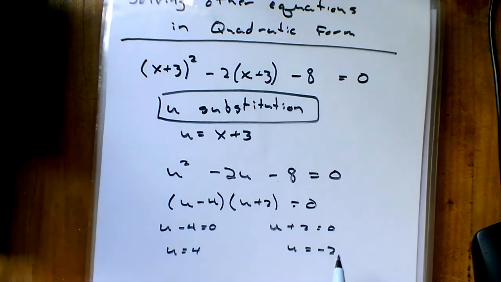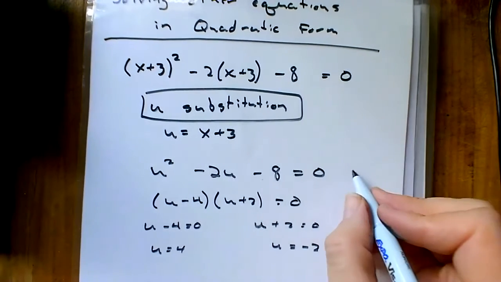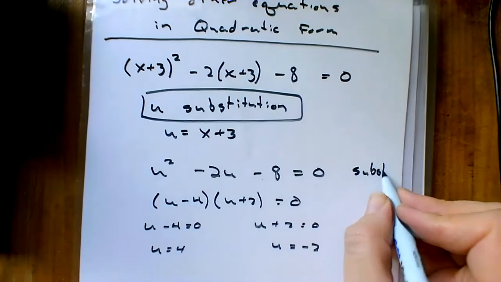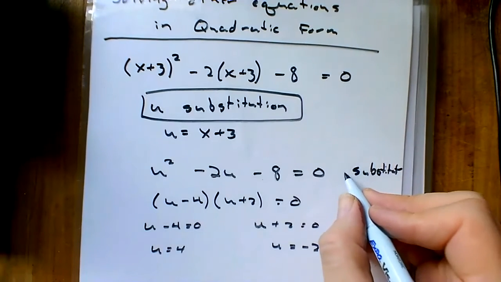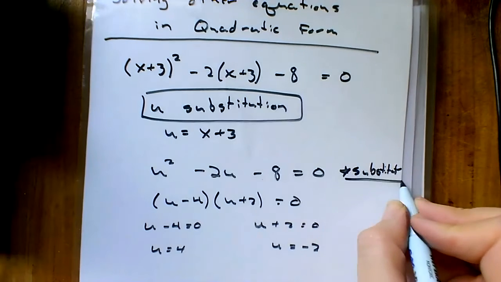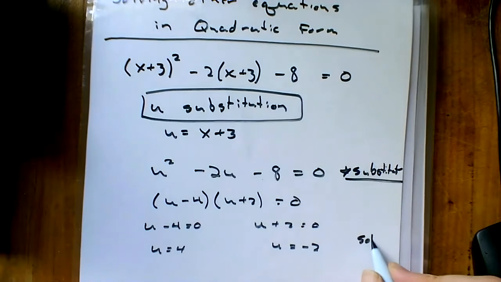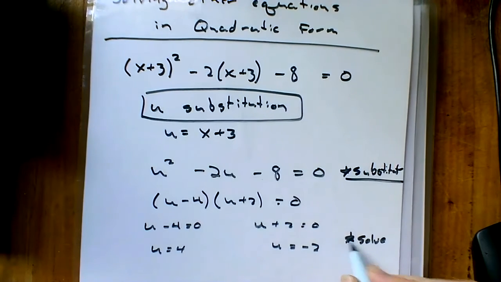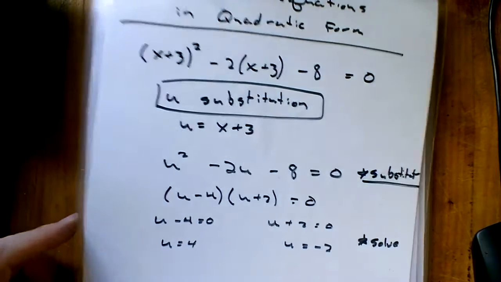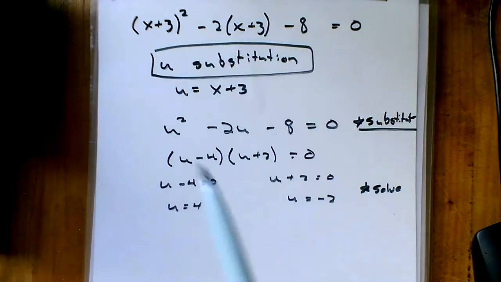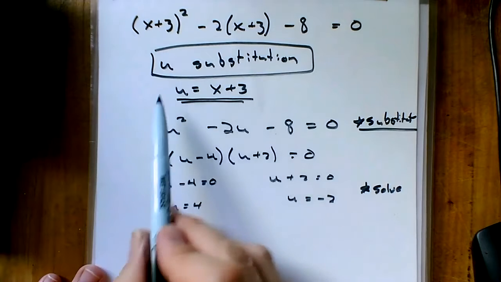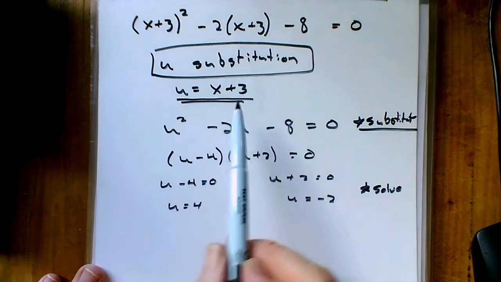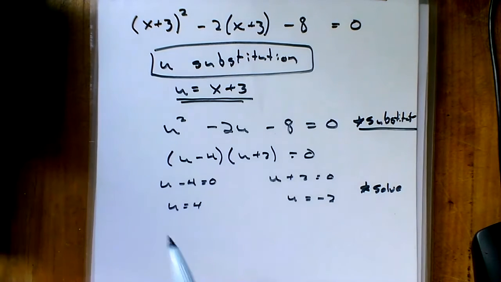So we substitute, we solve. And then what we're going to do is we're going to back substitute. We're going to replace our substitution with our original thing in here.